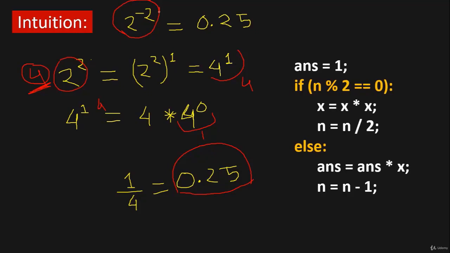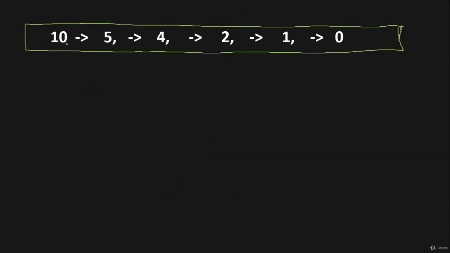Now let me explain the time complexity for this problem. If you're given n equals 10, then we divide that by 2 to get 5. Since 5 is not divisible by 2, we subtract 1, then 4 is divisible by 2, so let's divide it by 2, then 2 is divisible by 2, so let's divide it by 2, then we get 1, and if we subtract 1 from 1, then we get 0.